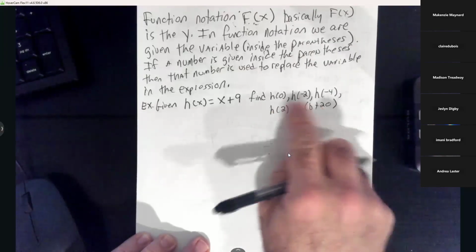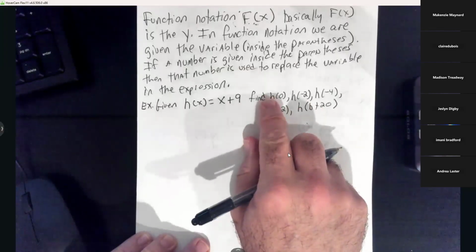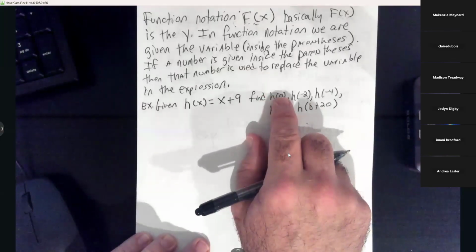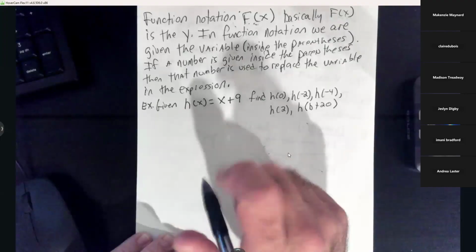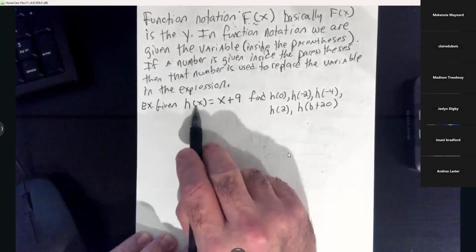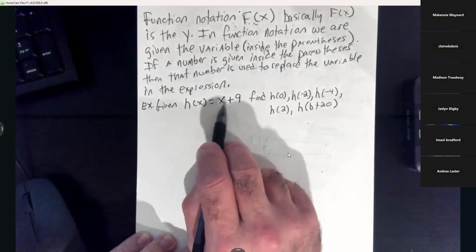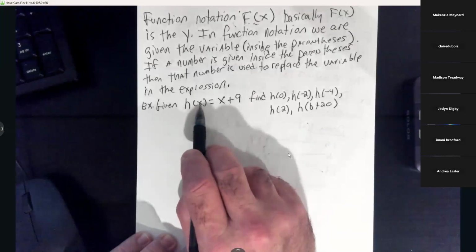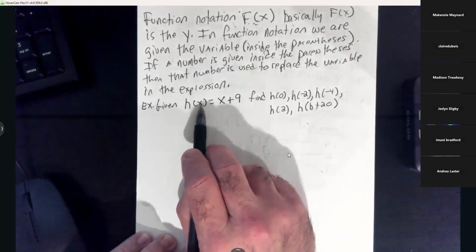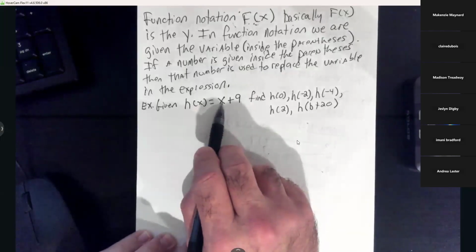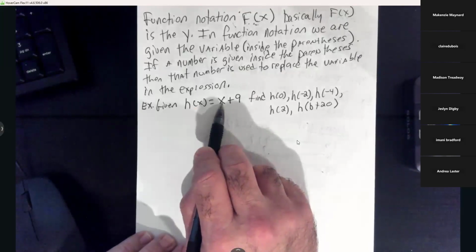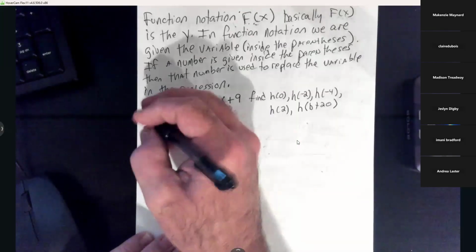So this is 5 little problems in one, basically. They want me to start with h of 0. So here's my expression, h of x equals x plus 9. The x in parentheses is letting me know that my variable over here is the x. So let's start with h of 0.